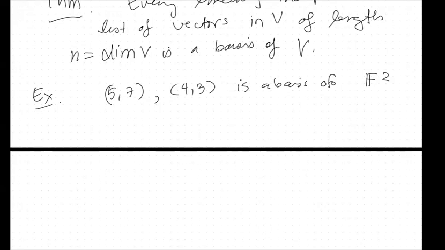Because the list has length 2 and the vector space F^2 has dimension 2, then from the previous theorem, these two vectors form a basis for F^2.